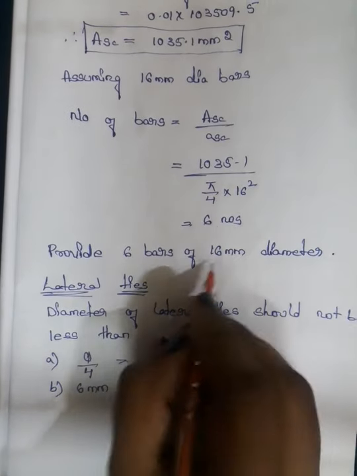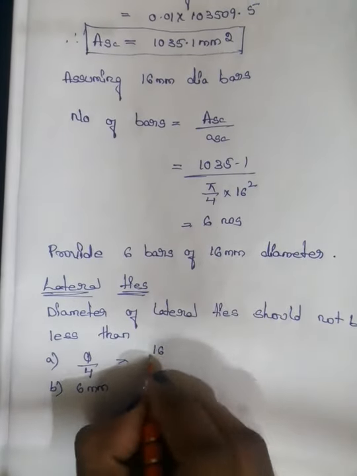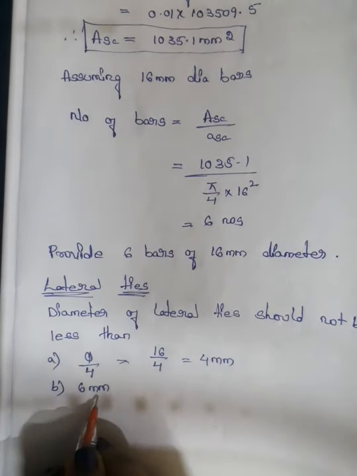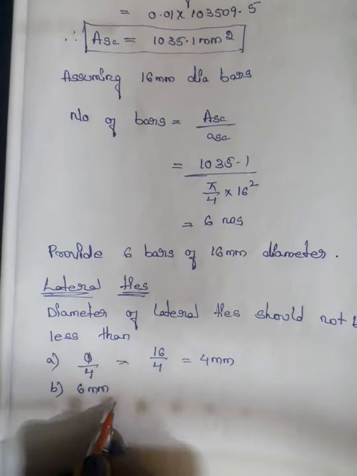So dia by 4 means, what is the diameter here? 16. So 16 by 4 is equal to 4 mm, and the second one is 6 mm. So we need to take 6 mm diameter bars.